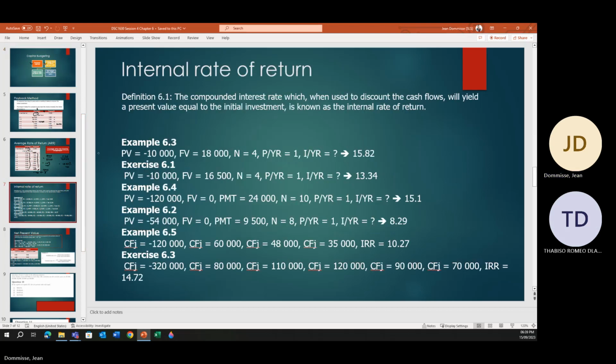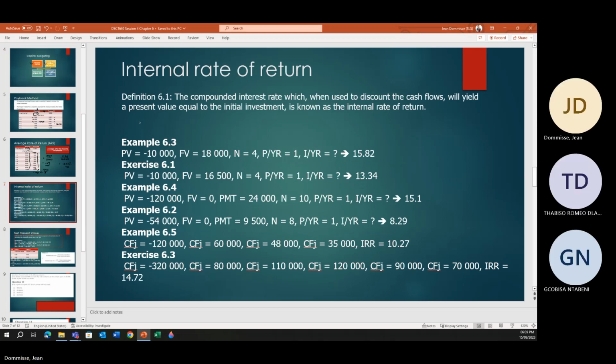With the internal rate of return, what is very nice is we can use our calculators for that. So whenever we need to work out the internal rate of return, we will use our financial calculator for that. Let me quickly switch on a light here.